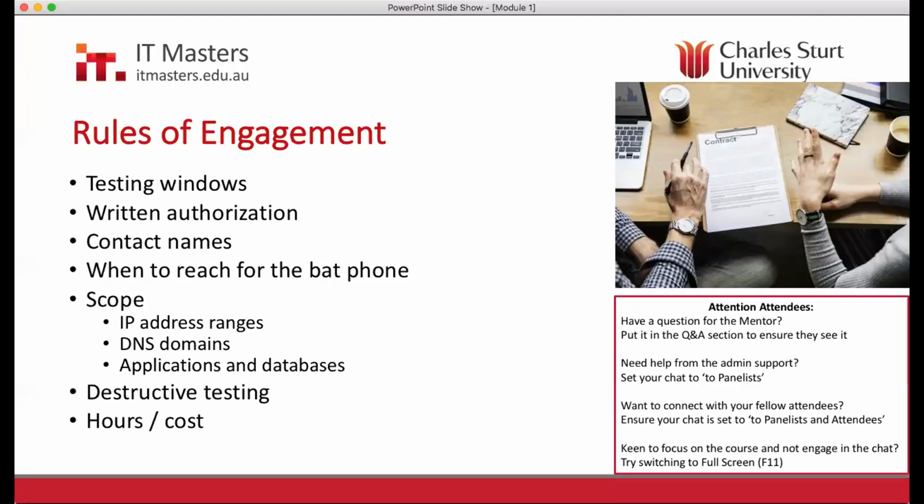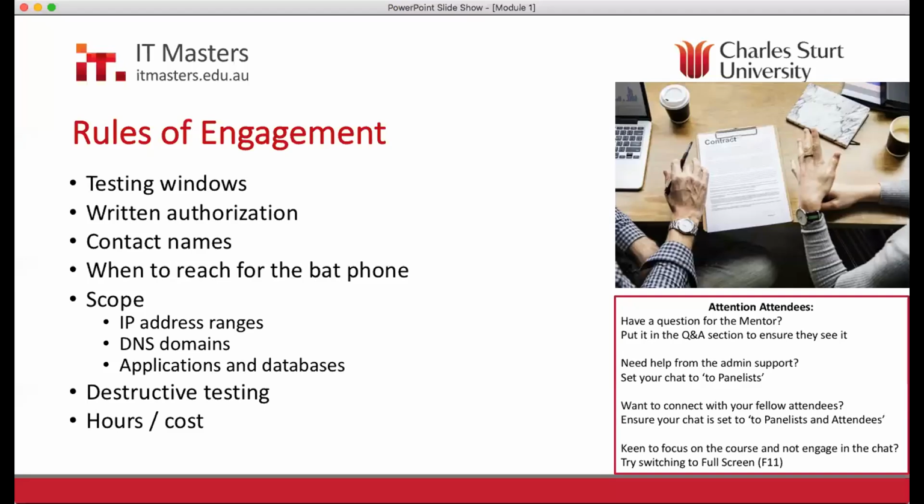When to reach for the bat phone. Pen testing gets very serious when you find a gaping hole. So if you're pen testing a perimeter for an organization, and you find maybe a Windows box that is vulnerable to all sorts of things, and you can get shell, and then you can use Mimikatz to get all the passwords, and then you can use that to pivot.